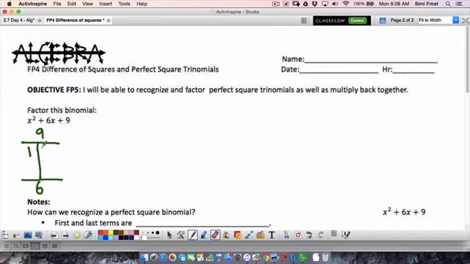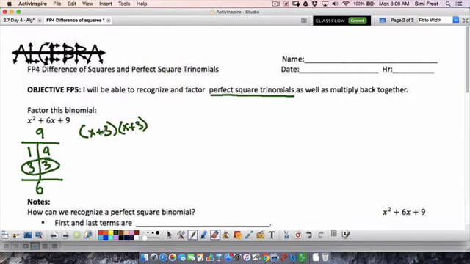Okay, so factors of 9, I'm coming up with 1 and 9 and 3 and 3. Well, it looks like 3 and 3 are the ones that are going to work here. So x, and they're both positive, plus 3 times x plus 3. All right, but we have a special name here, perfect square trinomials.